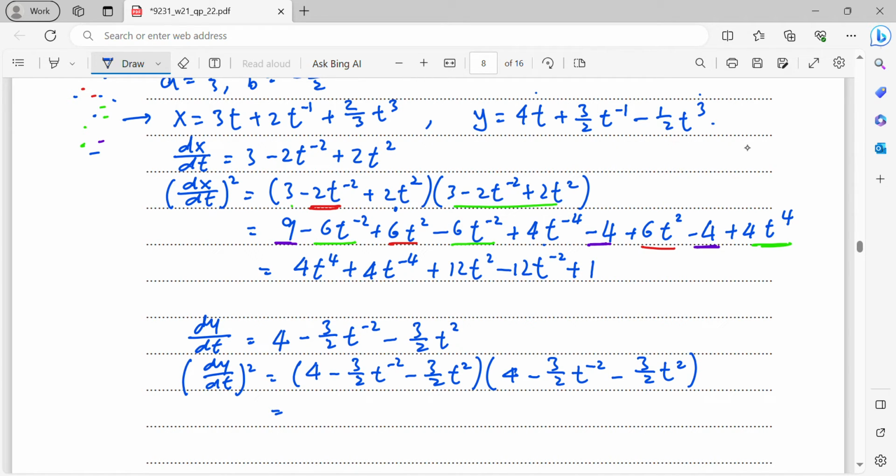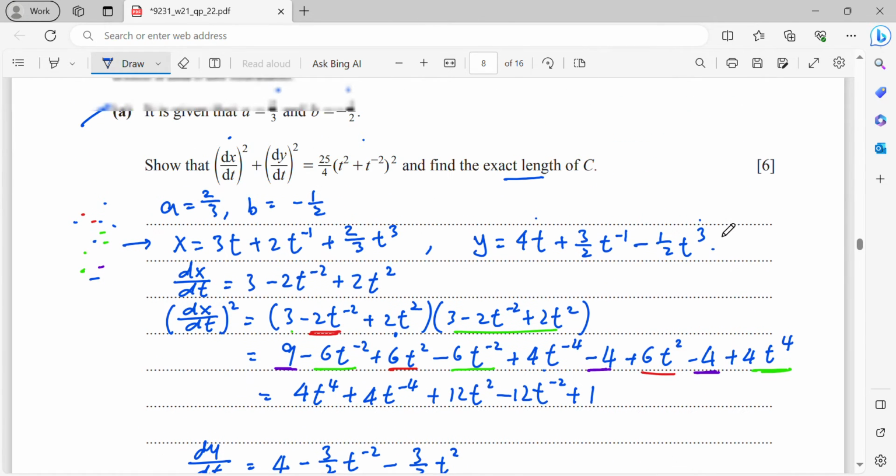So again, use the same concept. The second bracket multiply by 4 first. You will get 16. Then 4 times 3 over 2 is basically 6. So minus 6 t power negative 2. Okay, let me check the differentiation.